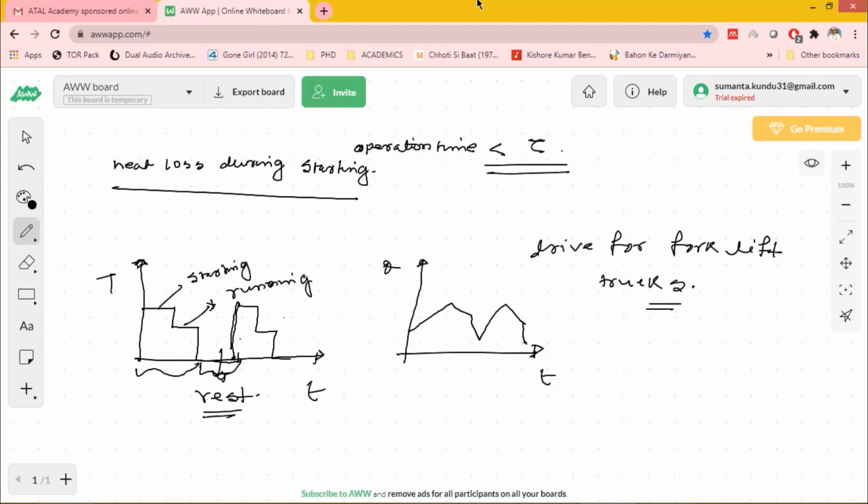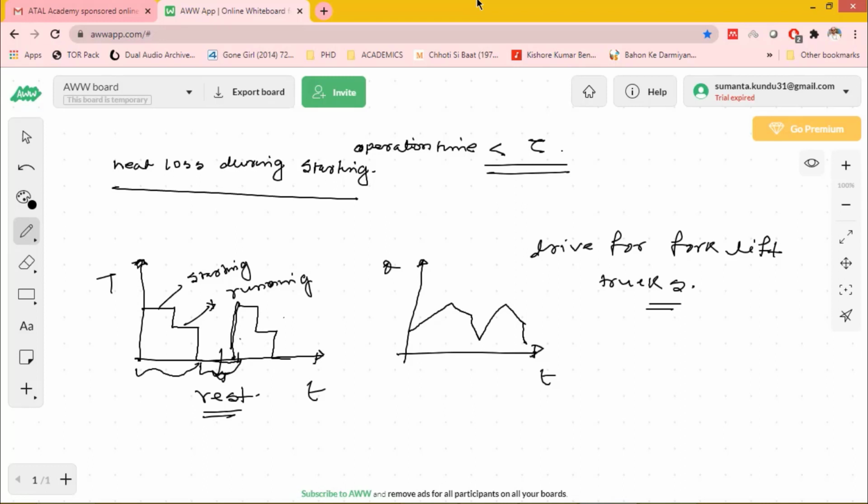Now in this duty, intermittent periodic duty with starting, we should keep in mind that heating of the machine during braking is considered negligible. During the braking period, heating is considered to be 0 because mechanical brakes are used for stopping the motor, or otherwise, due to its own friction, the motor will stop.